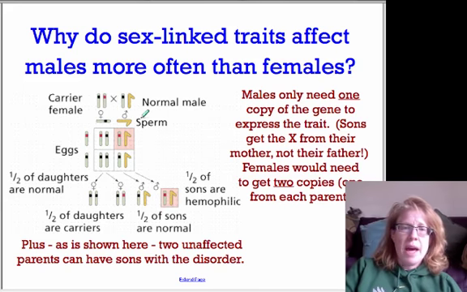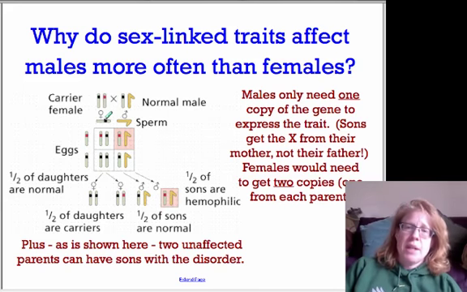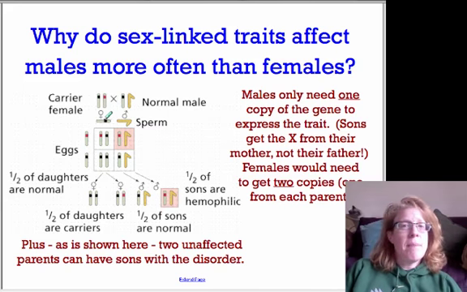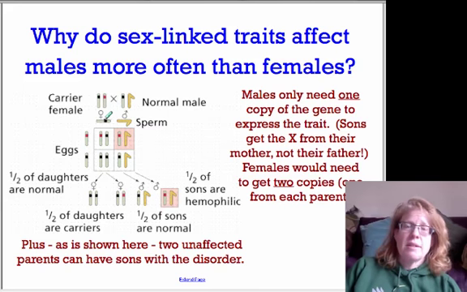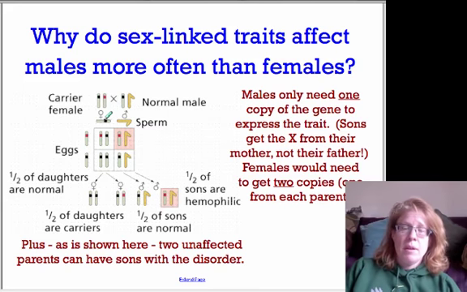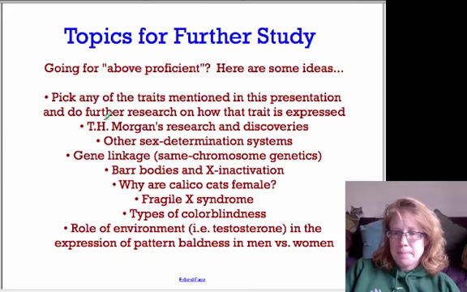But men don't have that because they only have one version of it. If they get one version of that bad gene, they're going to express that particular trait. So again, the fact that males are hemizygous is why they're more likely to express sex-linked traits than females are.